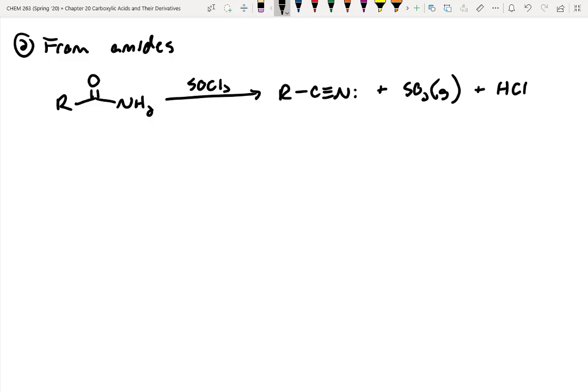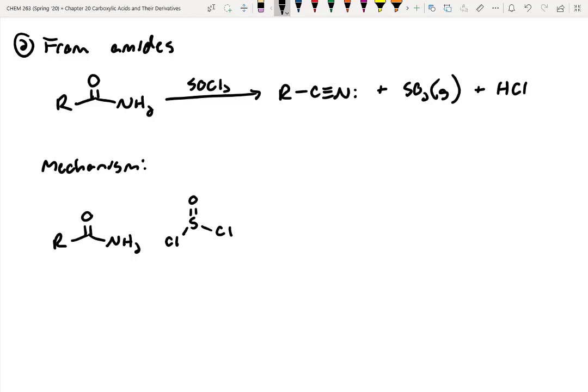So let's take a look at this mechanism. The mechanism is a little bit different than most of the mechanisms we've seen using thionyl chloride, but there are some similarities. So if you remember, thionyl chloride is a really, really good electrophile.